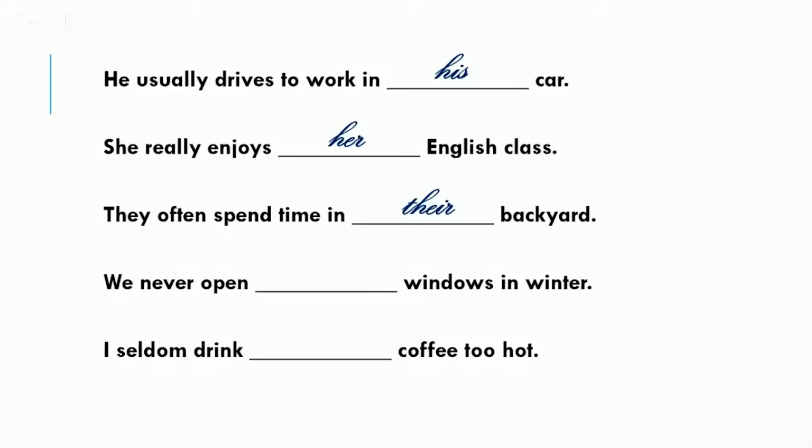Our windows in winter. Good. Lucero gave me the possessive adjective, the object, and she gave me a preposition, right? There's a preposition there, in, and she gave me the season, another object of the preposition, in winter, right?